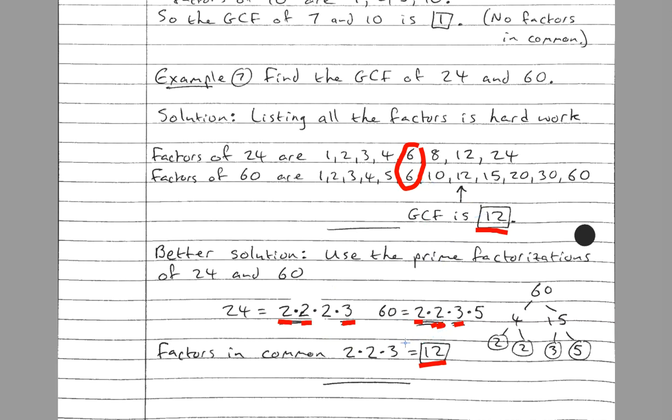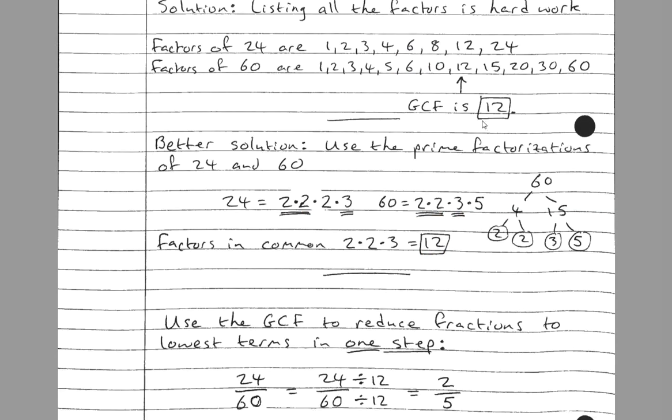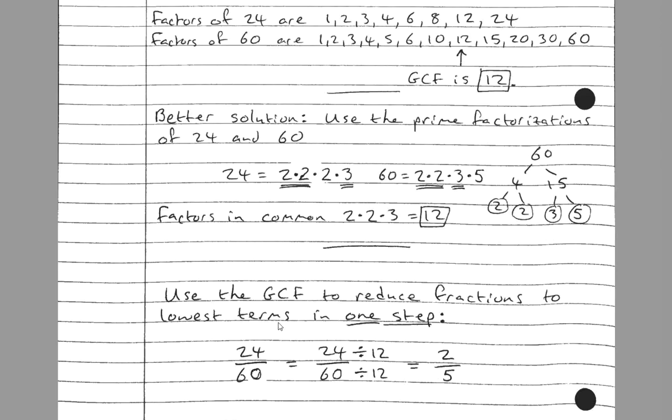Okay, so why do we care about the greatest common factor? Well, we'll see right now. Use the greatest common factor to reduce fractions to lowest terms in one step.